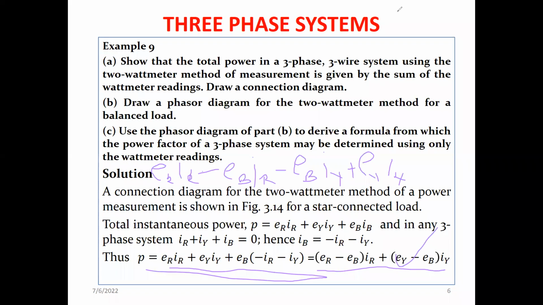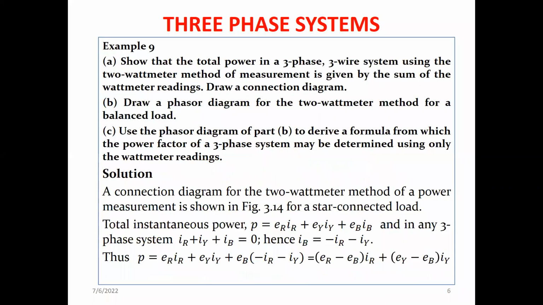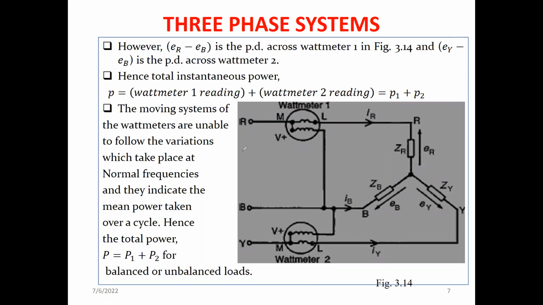Moving on to our next point. ER minus EB is the potential difference across wattmeter 1, and EY minus EB is the potential difference across wattmeter 2.